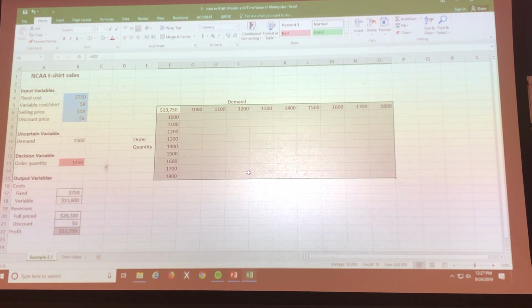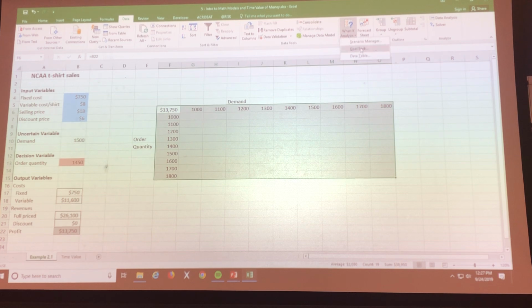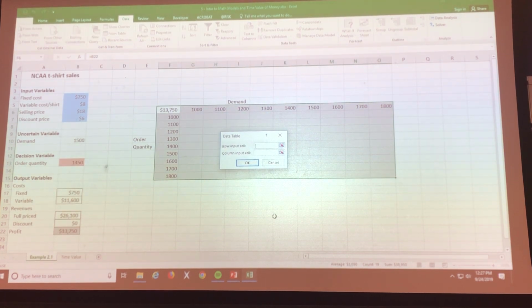With all the inputs set, the corner tells me what it is I want to see, which is profit level. I would go into Data, What-If Analysis, Data Table. It is a two-way table, so I have both row and column input. My row input I said was demand, B10. My column input is the order quantity, B13.